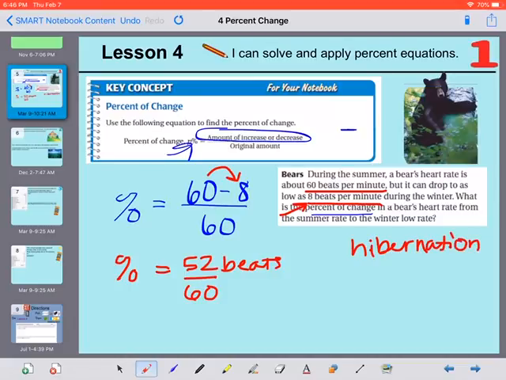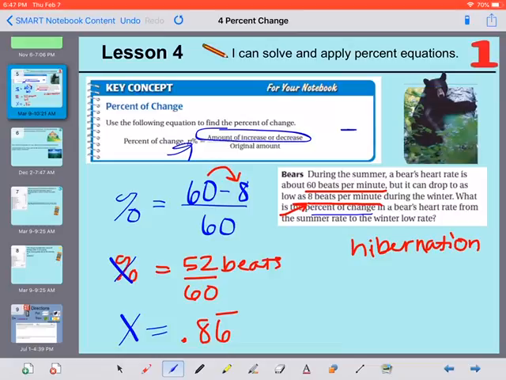During the winter. So we need to just divide this, 52 divided by 60, and we get 0.86 repeating. So if we had used an X here to represent that, the percent change is 0.86.